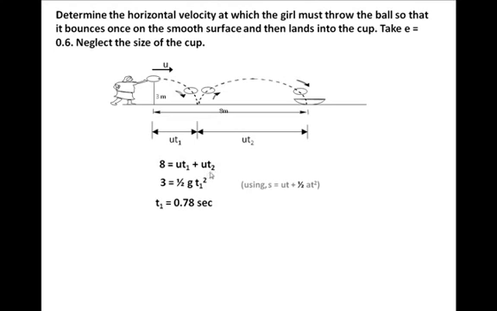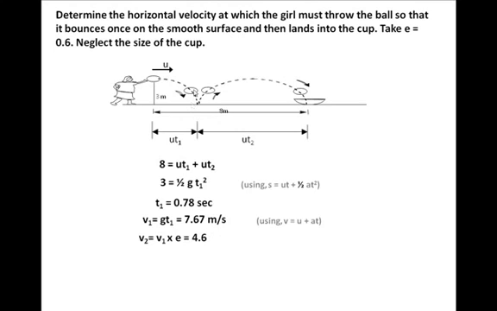Before that, let's work out with what vertical velocity this ball hits the ground. That will be v1 is equal to gt1. We use v is equal to u plus at in vertical direction. u is 0, a is g, and t1 we already worked out. So it is gt1, 7.67.